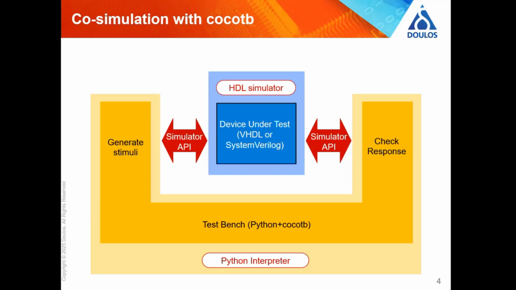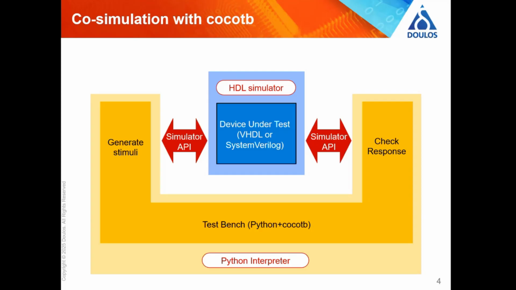So this is just a diagram of Cocotb's way of working. We have the device under test in the middle, running in a simulator. So we do need an HDL simulator that does all the normal stuff that it does. Your actual design sits in an HDL simulator, VHDL, System Verilog, whatever.